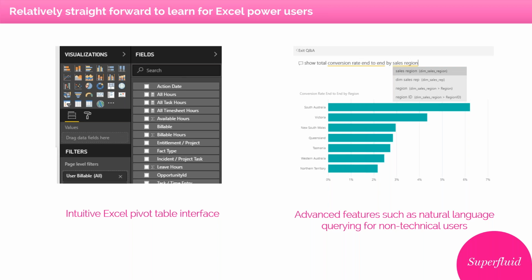And they're constantly adding to it as well. Like, for example, one of the great features that I've got a little screenshot of here is the ability to do a natural language query. You can just open up a Q&A session and start typing a question. And if you've designed your underlying data mart correctly, you'll start getting answers to that question in real time as you type, displayed on the screen.